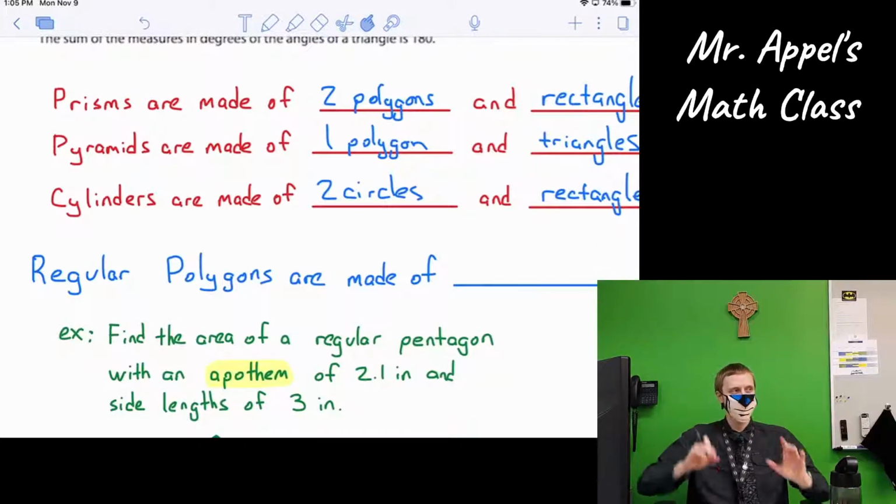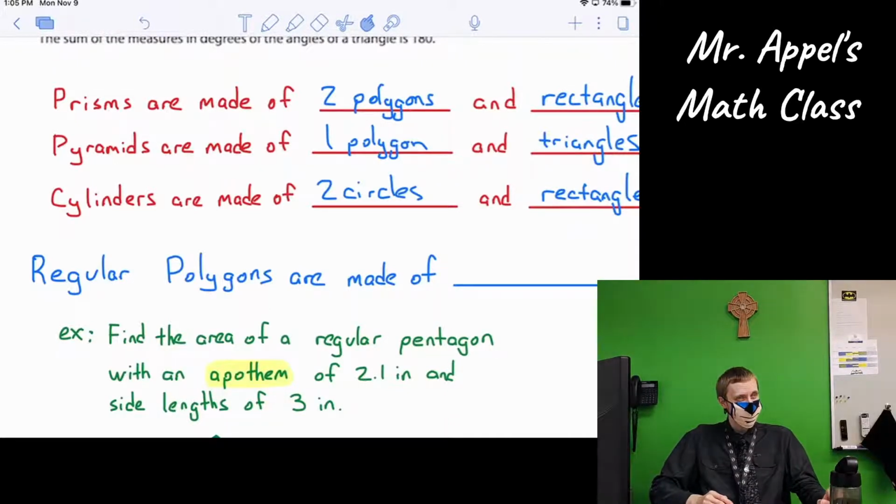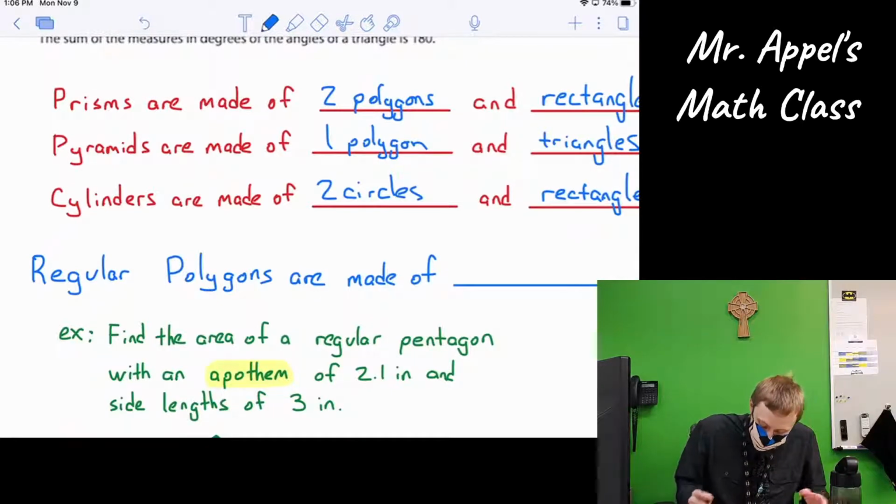Why? What shape did we break them all into? I stopped for one participation question, and you're bombing it, guys. Come on. Take a guess. Triangle? Triangles, very good. See, you knew it all along.